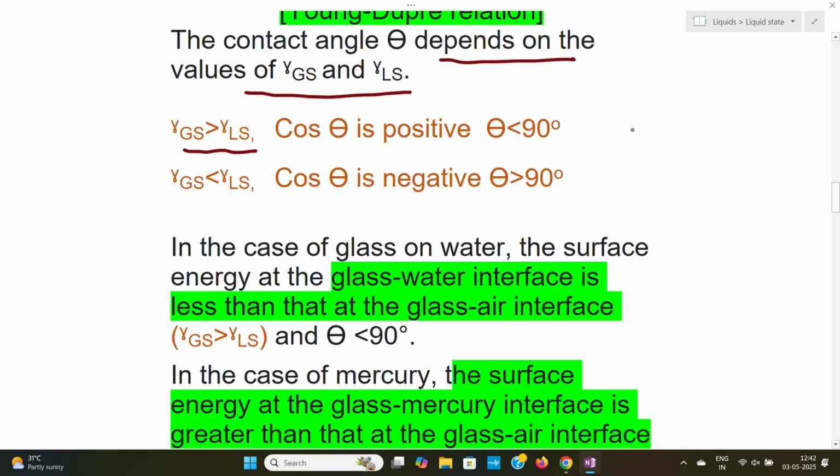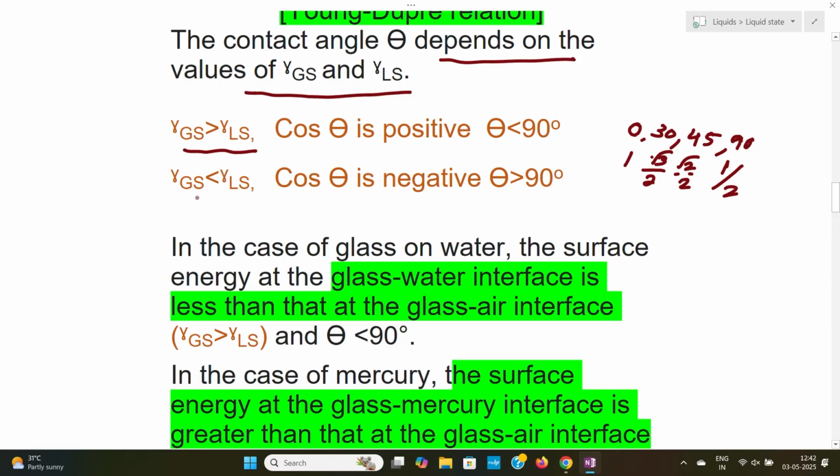That is, theta is less than 90 degrees. For theta values of 0, 30, 45 and 60 degrees, cos 0 is 1, then root 3 by 2, root 2 by 2, and 1 by 2. For all values less than 90 degrees, cos theta is positive.